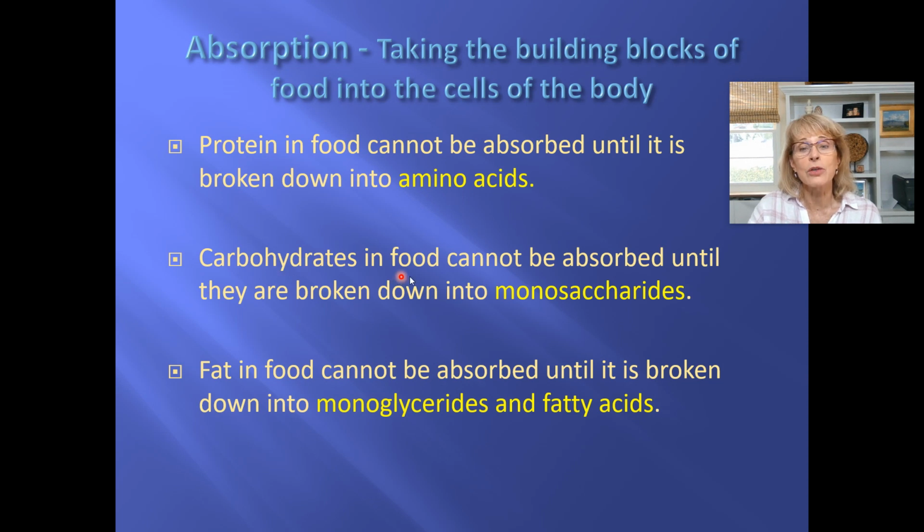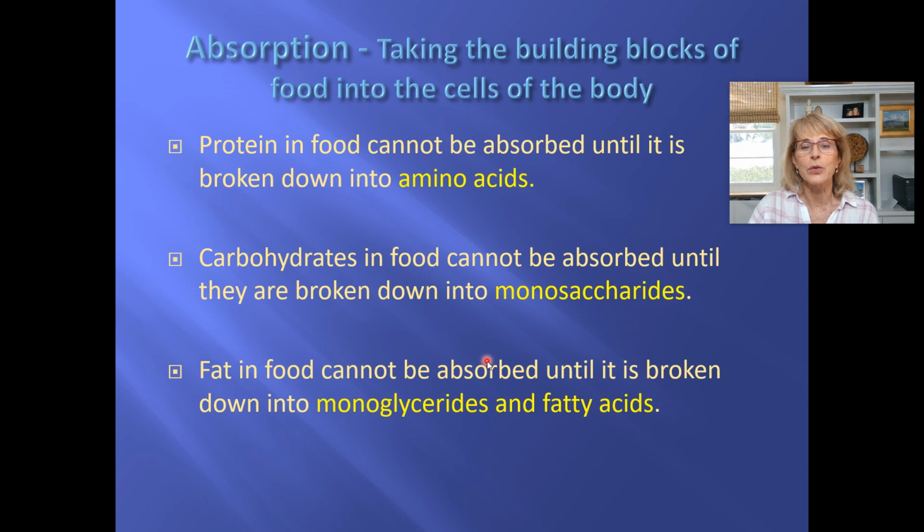The carbohydrates in your food cannot be absorbed until they're broken down into monosaccharides. This is kind of interesting because that stuff sugar that we put into a beverage is not a monosaccharide. Table sugar is a disaccharide. And even table sugar needs to be popped into its two monosaccharides before it can be absorbed by the body.